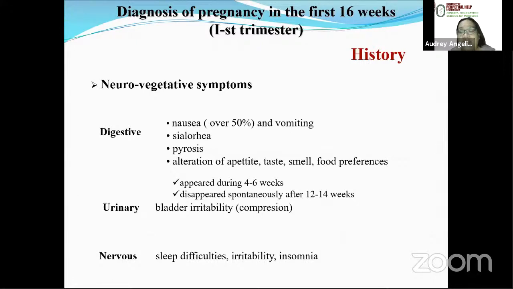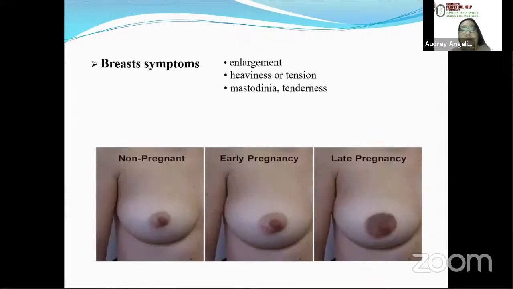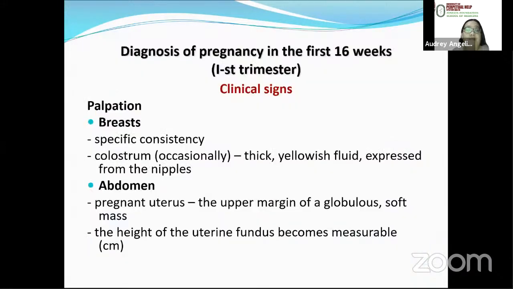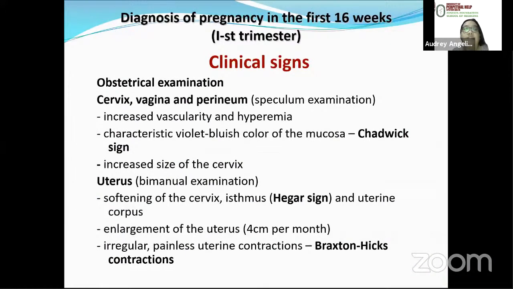What are the signs that we have encountered? These are the changes in the breast. Okay, this is your linea nigra. And of course, your cervix, you have your signs.